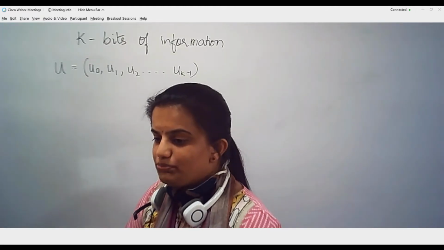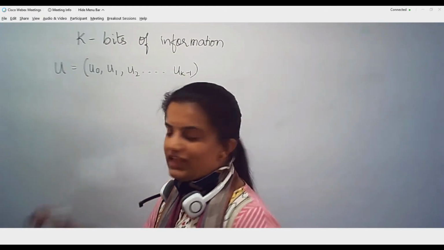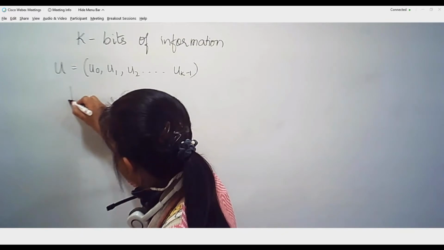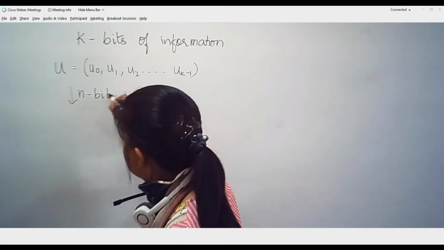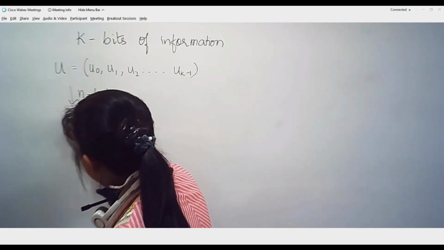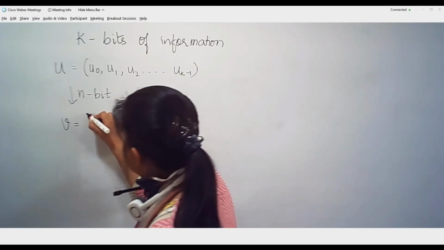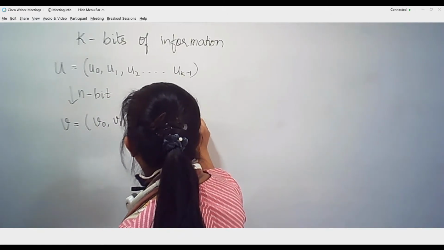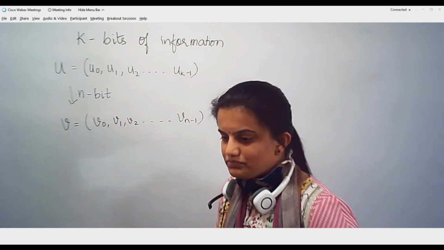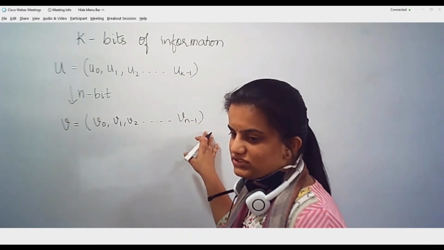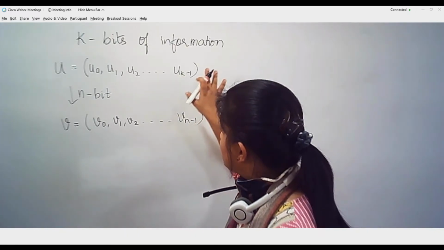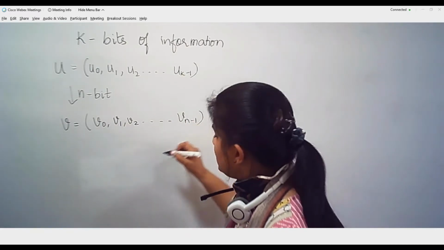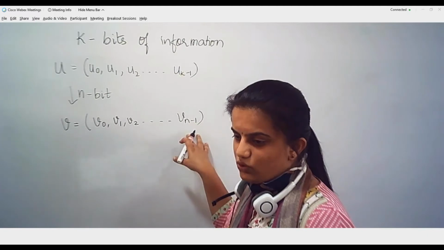These are the input bits. The encoder then maps this input vector of size k into an n bit code word v, which consists of v0, v1, v2, and so on up to v of n minus 1. These are the coefficients of the code word in n bits, where v0, v1, v2 and so on are all either zeros or ones.